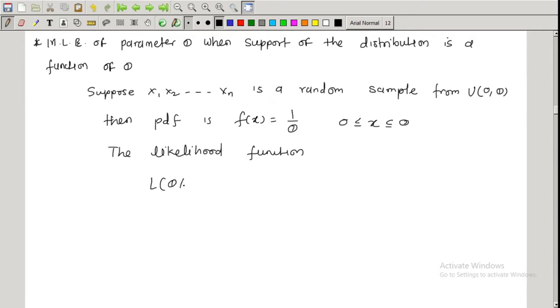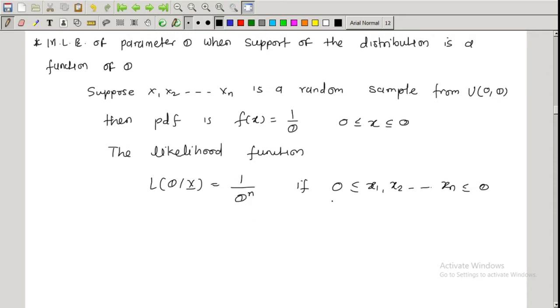L of theta given x bar, which is equal to 1 upon theta raised to n. And here if 0 is less than equal to x1, x2, so n terms are there, xn is less than equal to theta. If you see here, L of theta is the monotonically decreasing function of theta with the lower bound 0, correct?